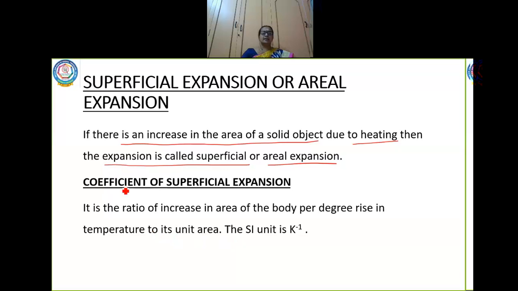Okay, and again when we talk about coefficient of superficial expansion, it is the ratio of increase in area of the body per degree rise in temperature, that is per 1 Kelvin, to its unit area. Again the SI unit is per Kelvin.